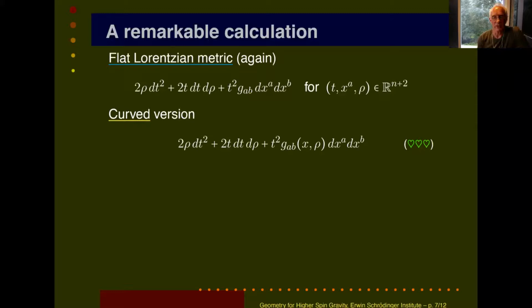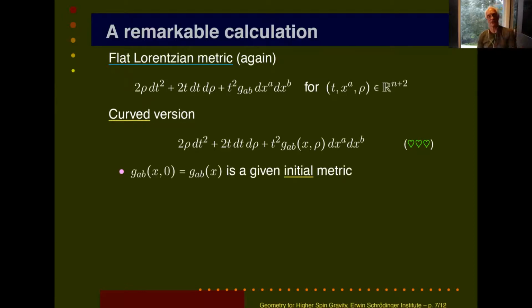Its form is based on the flat Lorentzian metric, and all I've done is allow g to be a metric depending on x, and also on this transverse variable rho. You should think of this metric, when you set rho equal to 0, as an initially given metric on a cone.